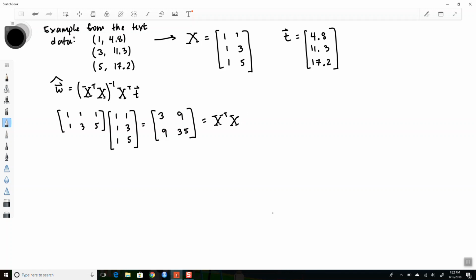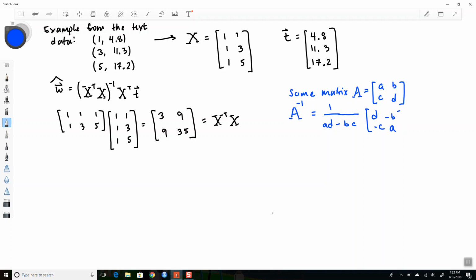If you have some matrix A with elements A, B, C, and D, then the inverse of A is going to be 1 over A times D minus B times C, kind of like the determinant, and then you flip these terms around: D and A, and negative B and negative C. This is just one way to find the inverse of a matrix.